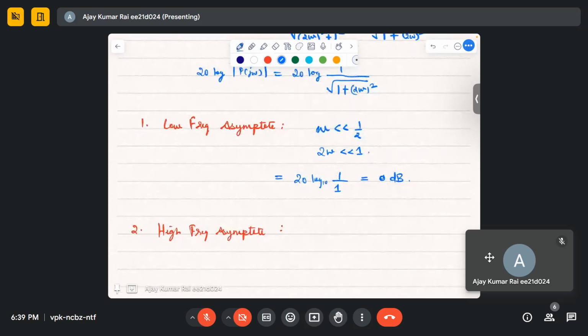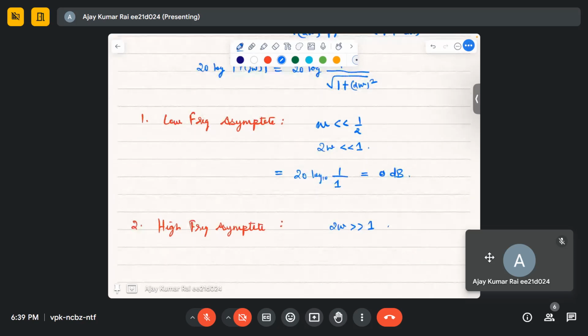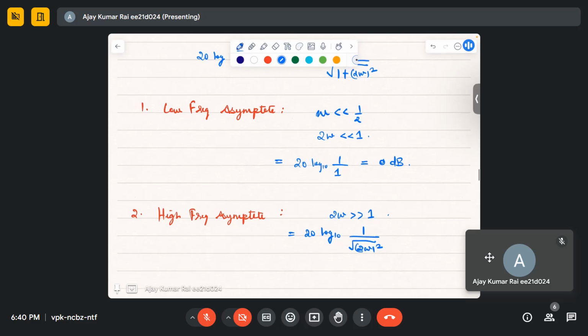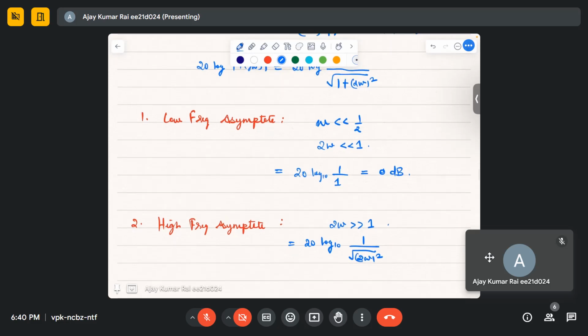Now we have a different case where 2 omega is much greater than 1. So we can neglect 1 in terms of 2 omega, right? So how will the magnitude look? 20 log of 1 by root of 2 omega square. We have neglected 1 in terms of 2 omega.